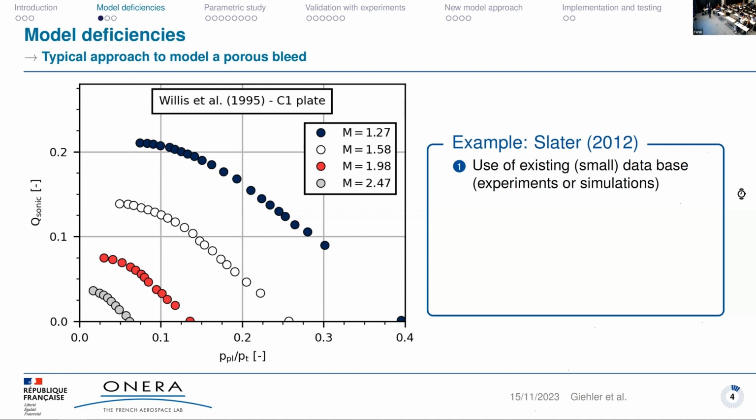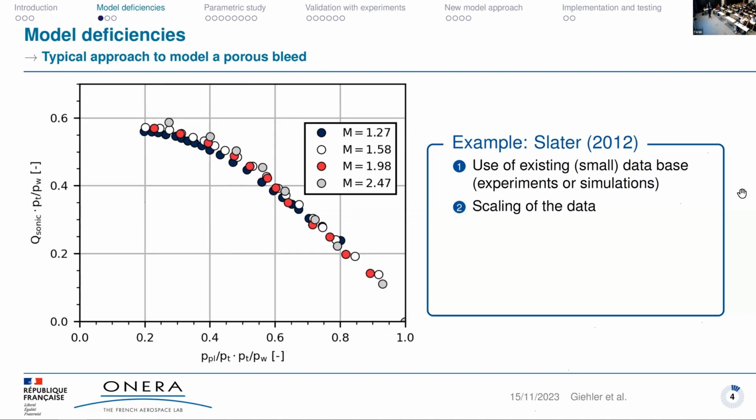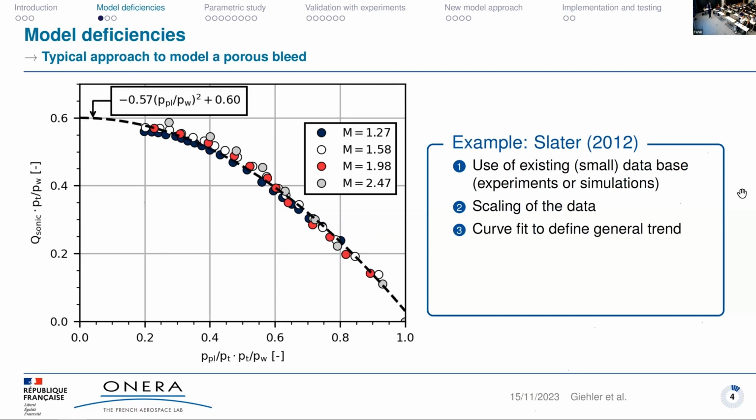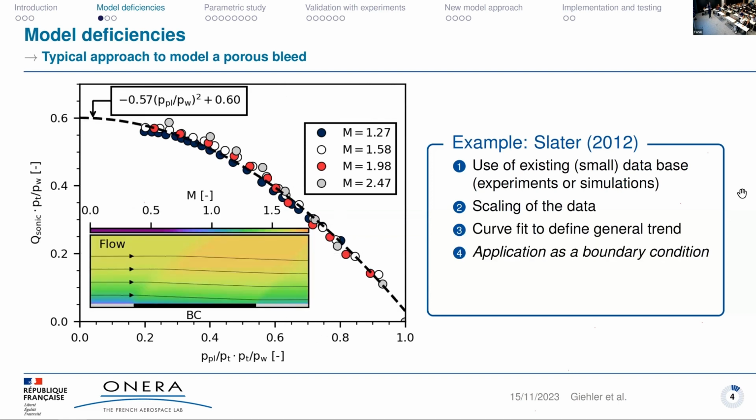conditions. Then what you do, or what everyone does, is try to find a scaling where all the lines collapse. In this case, you just replace the total conditions by the wall conditions, so by static conditions. Then you find a nice regression. Then in some cases, the model is even applied, but there are also some models which are not even applied in the paper.